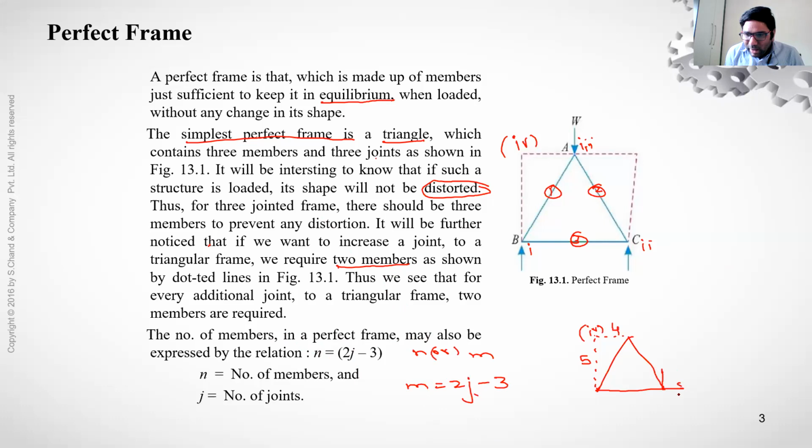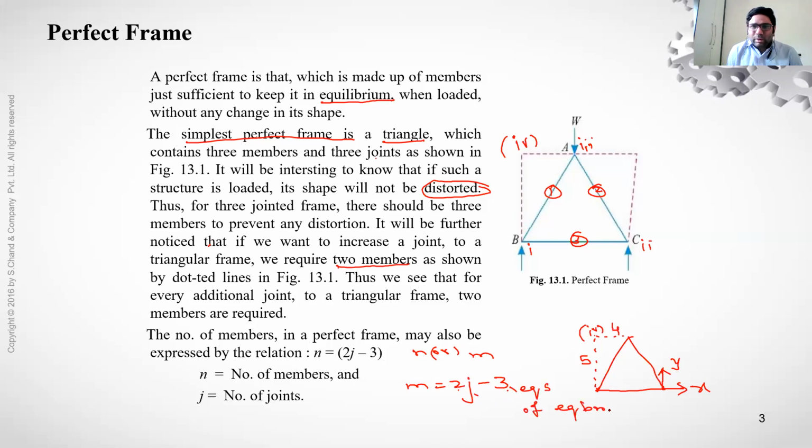At each and every joint, there will be a horizontal movement and a vertical movement. That is why corresponding to j, we have 2. And what is this 3? The minimum number of equations, and the minimum number of members initially to start with, is 3. So this 3 is the equations of equilibrium.